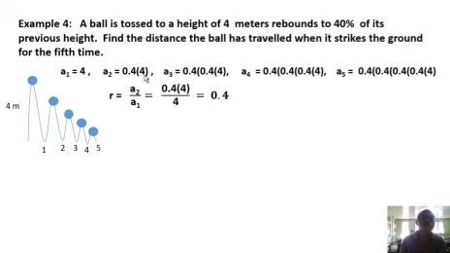Okay. The question is find the distance the ball has traveled when it strikes the ground for the 5th time. So for the total distance, every time the ball goes up, it has two distances.